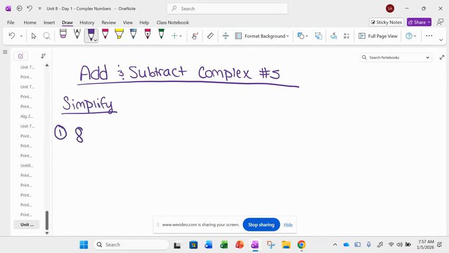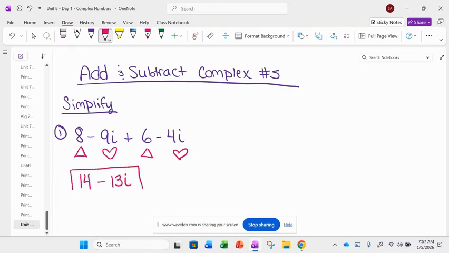And if I have 8 minus 9i plus 6 minus 4i, we really treat i like any other variable. If it has an i in it, then they're like terms. If it doesn't, then they're not. So here our like terms are 8 and 6. And if we add 8 plus 6, we're going to get 14. And then I have a negative 9i and a negative 4i, which gives us a negative 13i.